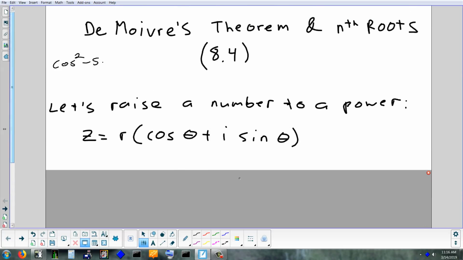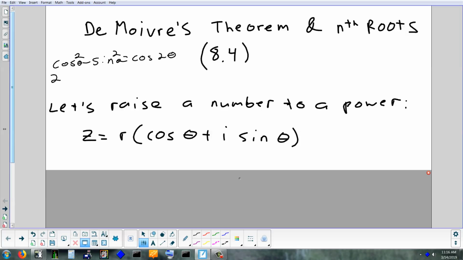Cosine squared theta minus sine squared theta equals cosine 2 theta.